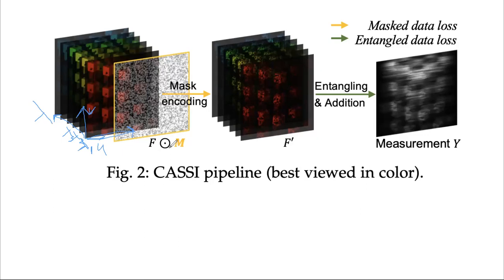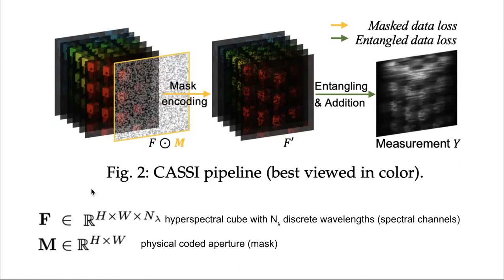And then here we have a mask encoding. Mathematically speaking, F is the cube with height, width, and N lambda dimension. This is the hyperspectral cube.